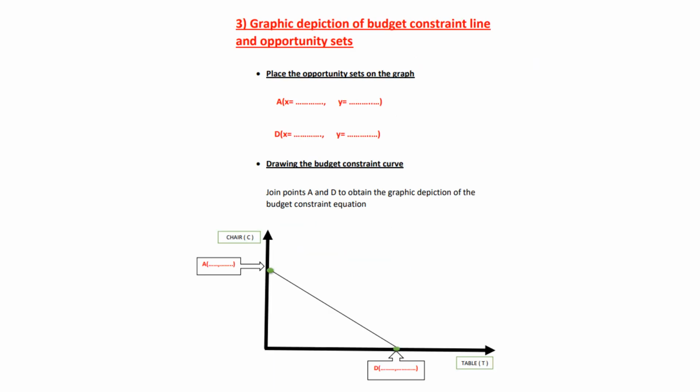On our graph, it's always good to at least summarize here the coordinate of your bundle, which is x equals 0, y equal 20, and the next opportunity set, which is your bundle, x equal 10 and y equal 0. Now that you have the coordinate of two opportunity sets, you can place those on your diagram based on those coordinates. And having 2 points, you can now draw your budget constraint line.